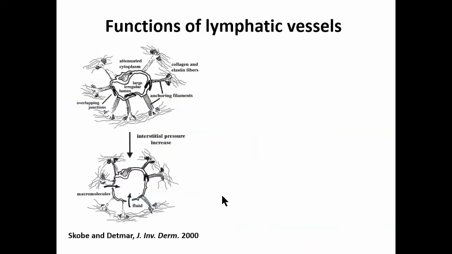This is a very simplistic cartoon, but I think it makes the point that the basement membrane is discontinuous in lymphatic endothelial cells. In fact, there are overlapping junctions, and the endothelial cells are tethered by anchoring filaments. Under increased interstitial fluid pressure, these gaps open, and that's where macromolecules and fluid, and of course, as you heard, some of the lymphatic cells will enter.